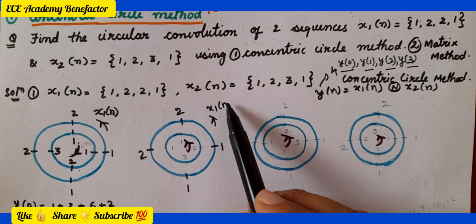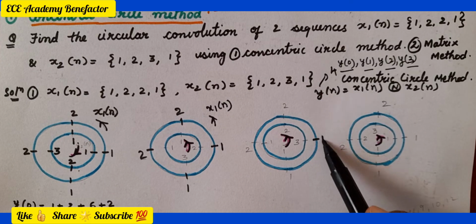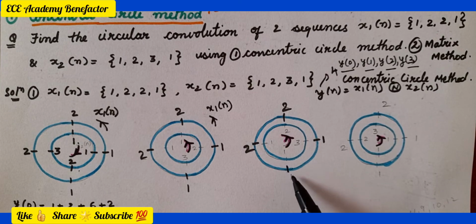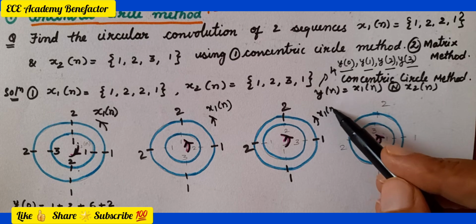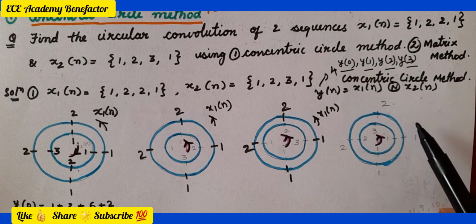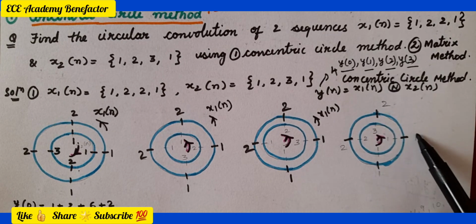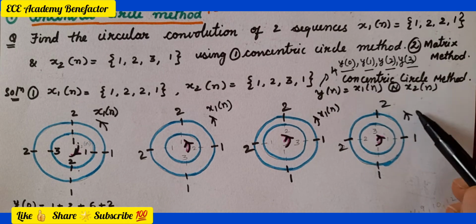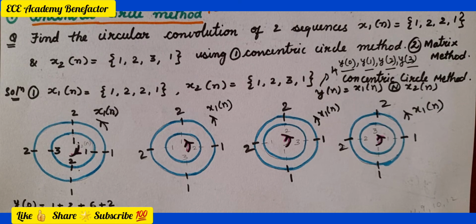In the third step and in the fourth step as well, x1 of n is plotted as 1, 2, 2, 1 in the anti-clockwise direction on the outer circle.